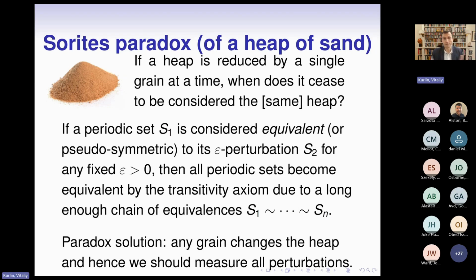So if you have always the same heap, then how could we get no sand at all at the end? This paradox applies similarly to periodic sets.